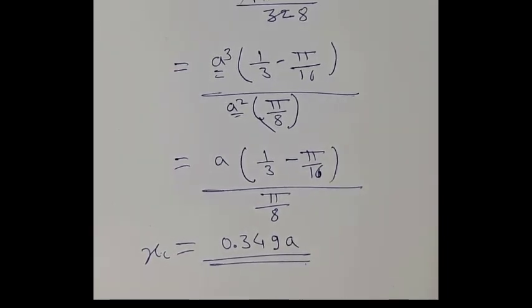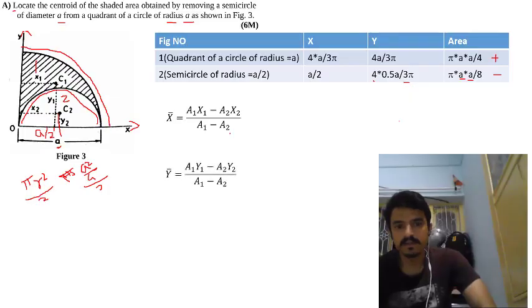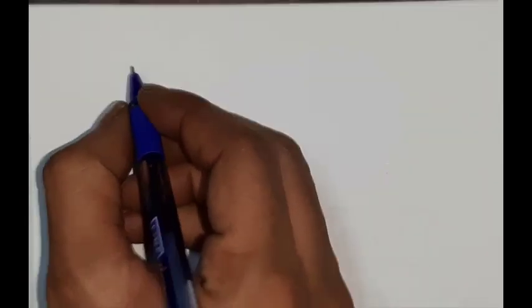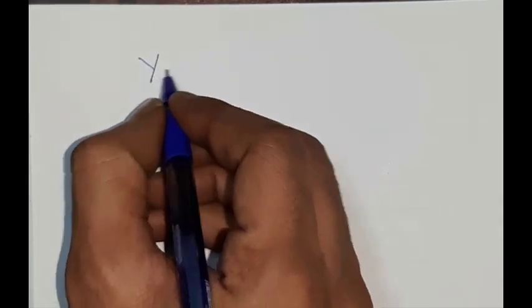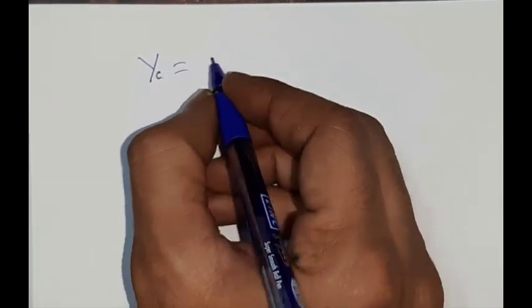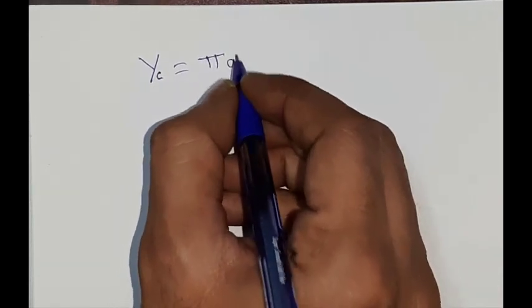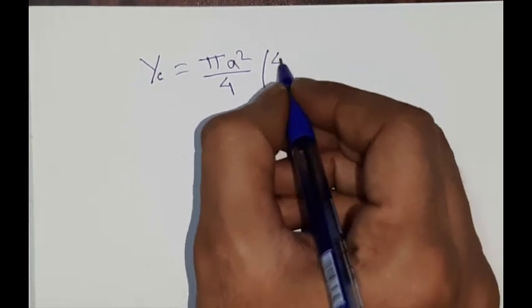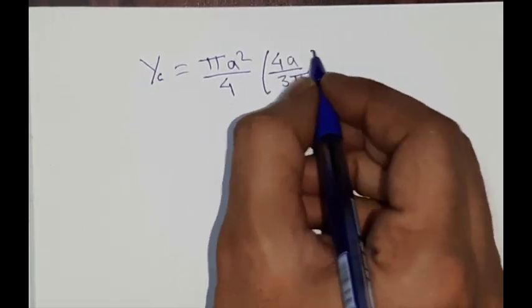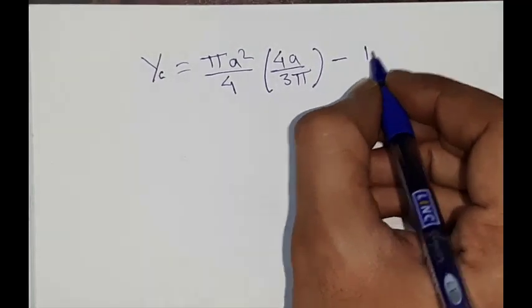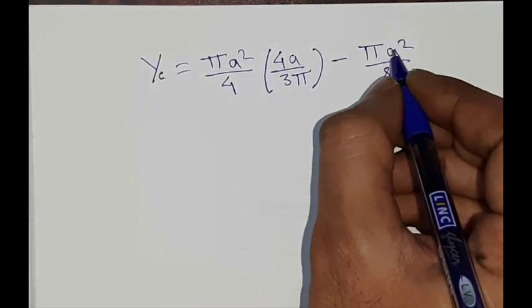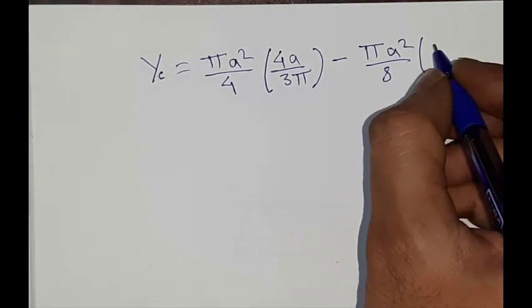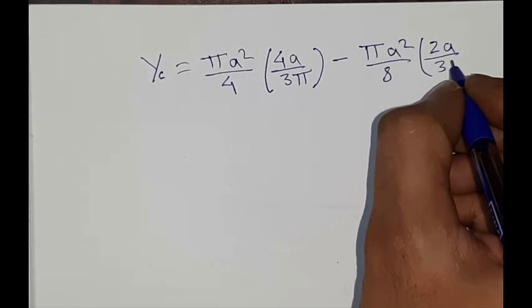Then using the formula for y, or yc, we put in the values: a1 y1, that is pi a square by 4 into 4a divided by 3 times pi, minus a2, that is pi a square by 8, into y2, that is 2a divided by 3 pi.